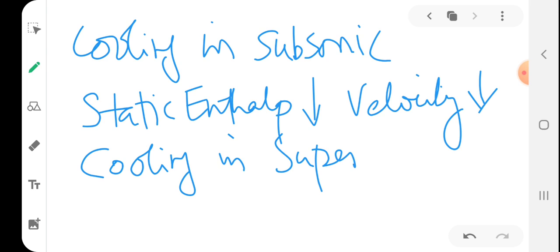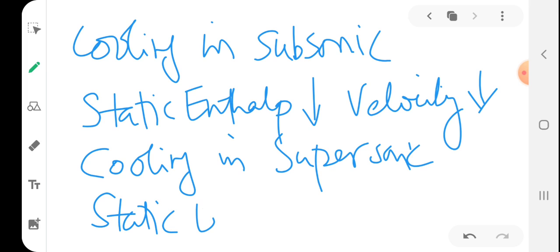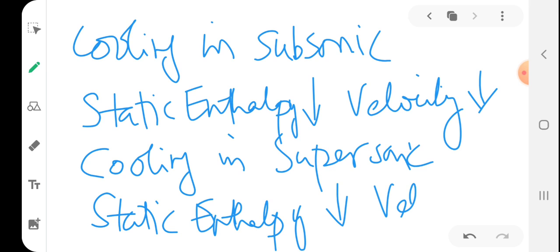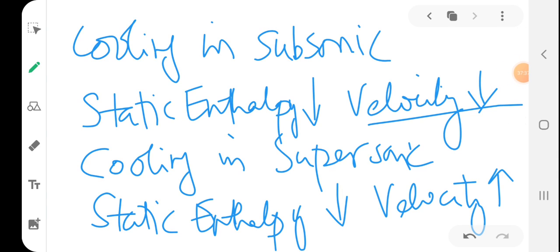Cooling in supersonic, static enthalpy decreases, but velocity increases. So velocity decrease means Mach number decrease, velocity increase means Mach number increase.